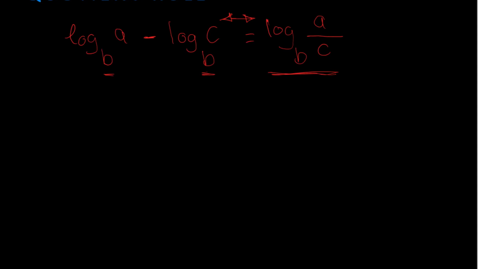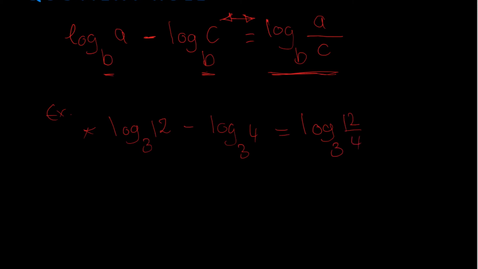So let's take an example: log base 3 of 12 minus log base 3 of 4 is equal to log base 3 of 12 over 4, which is equal to log base 3 of 3.